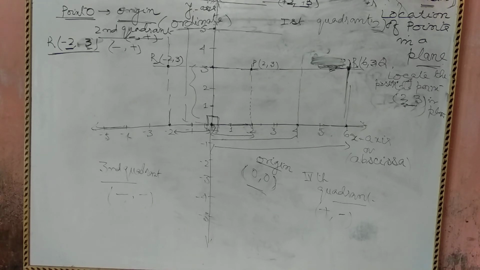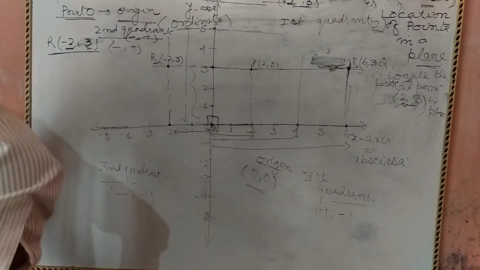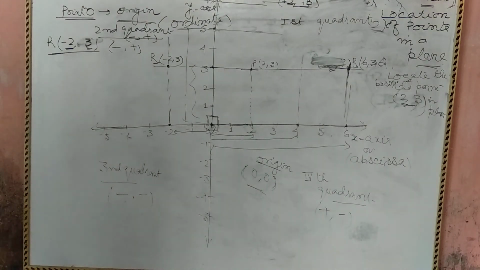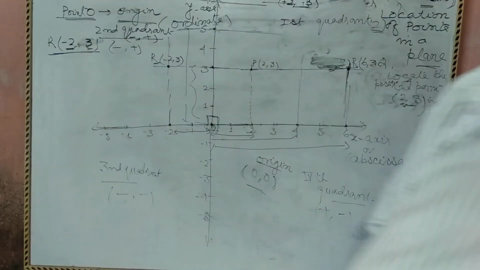Okay, so the next question will be locating the points in a plane with respect to their axes. Okay, so first you decide in which quadrant the points lie.